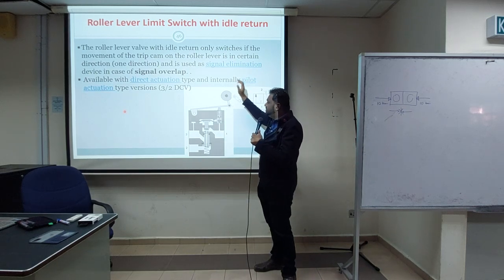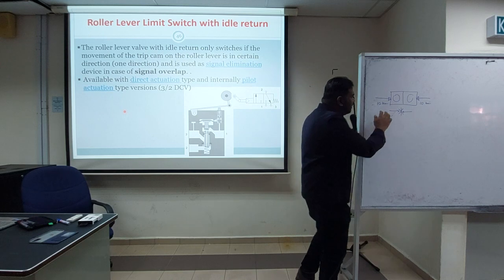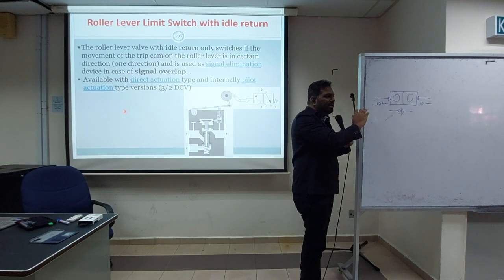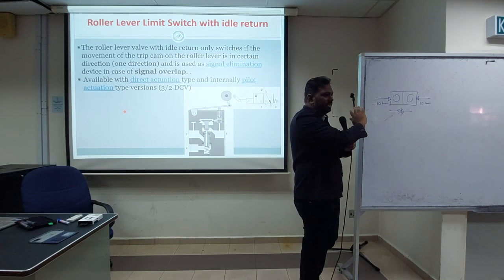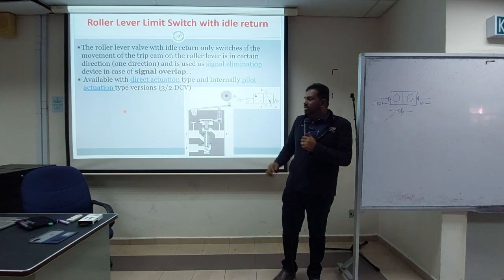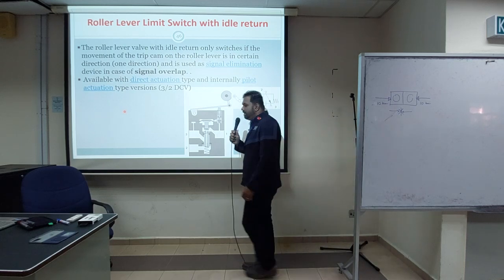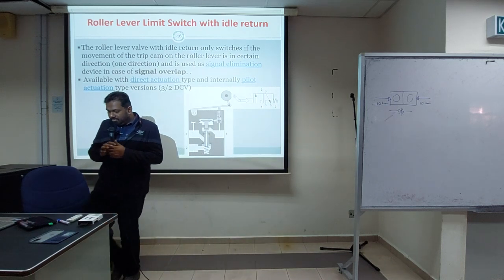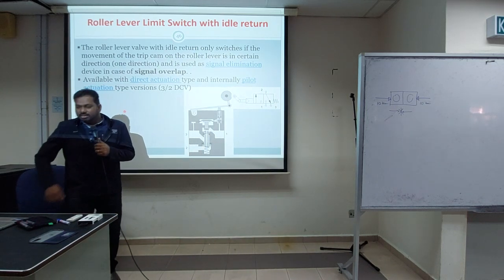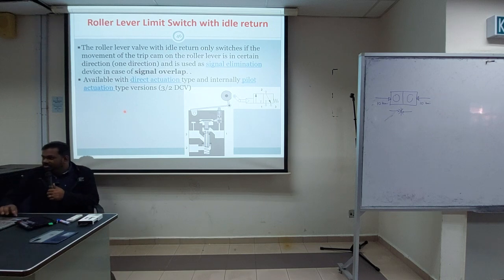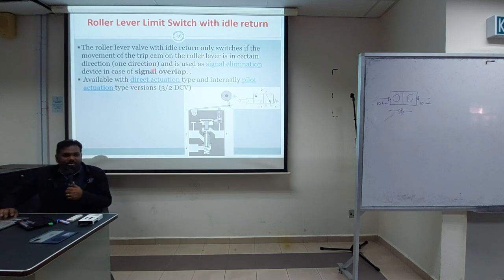Signal elimination means you eliminate the signal that is not okay, or not according to your selection criteria. Okay, so there are two keywords here. A commonly asked question: what is signal overlap?